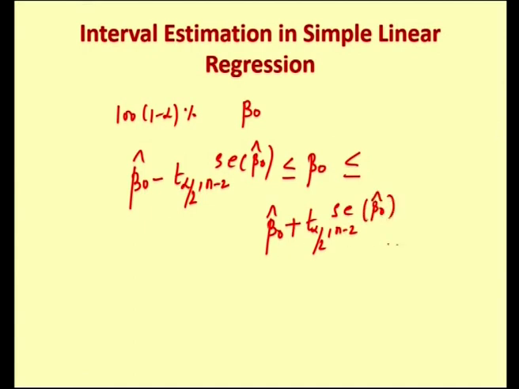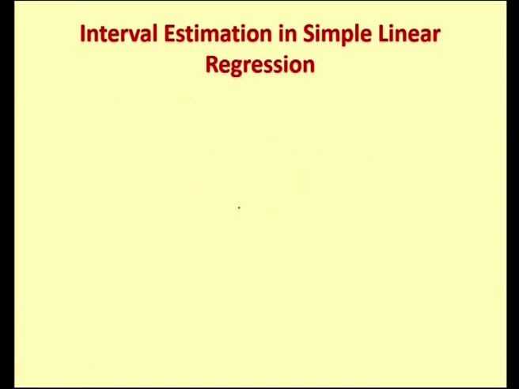Again, this becomes the upper limit and this becomes the lower limit, and errors are IID.